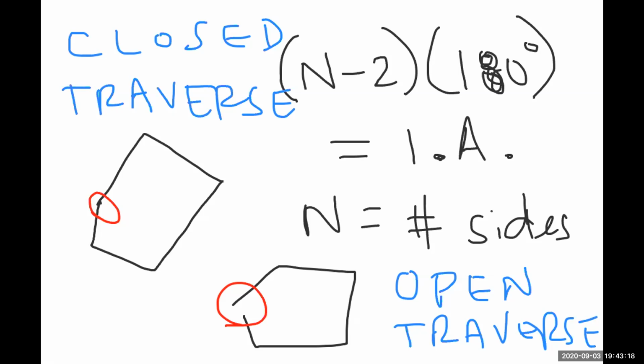If I started walking from the beginning of the line and came around, I wouldn't end at the same point that I began. With the closed one, if I start at one end of the line and walk all the way around, I always come back to the same point in which I began. It closes on itself, so it's a closed traverse, okay? That's just a side note.